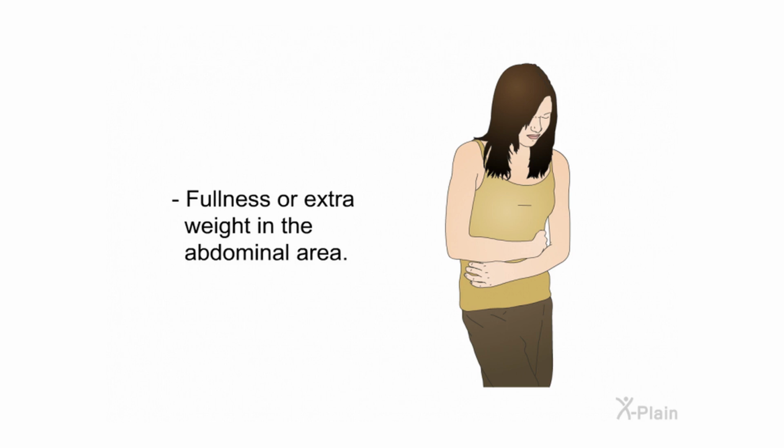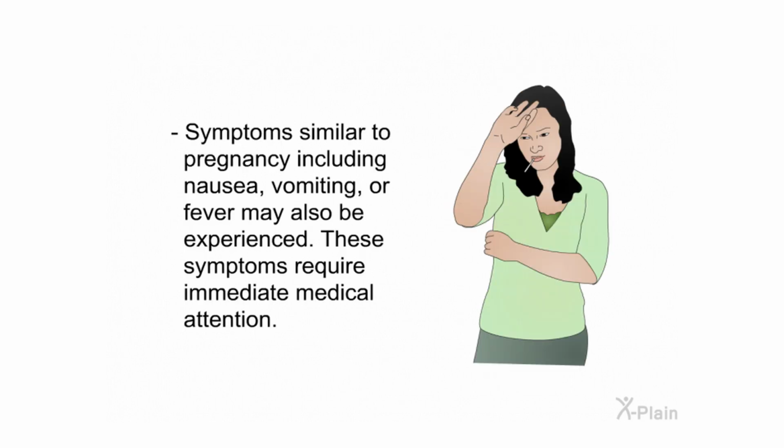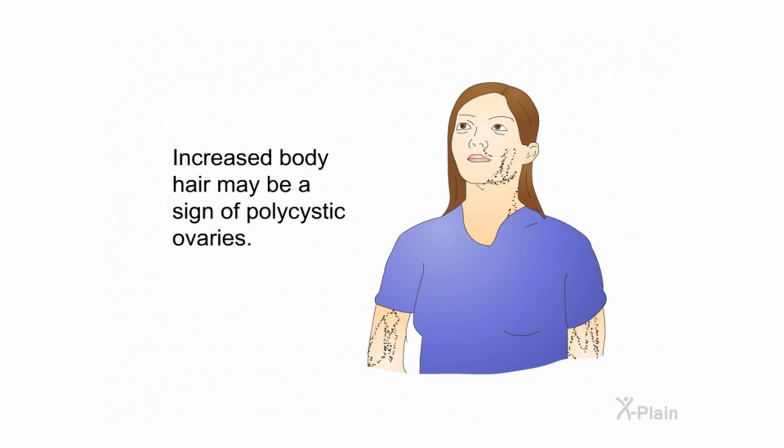Fullness or extra weight in the abdominal area. Symptoms similar to pregnancy, including nausea, vomiting, or fever, may also be experienced. These symptoms require immediate medical attention. Increased body hair may be a sign of polycystic ovaries.